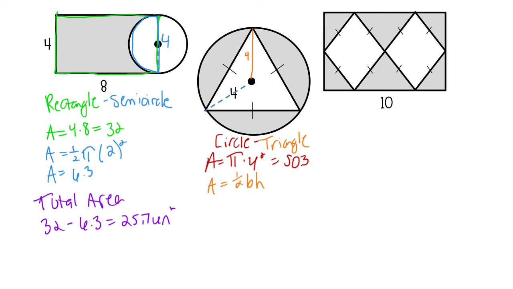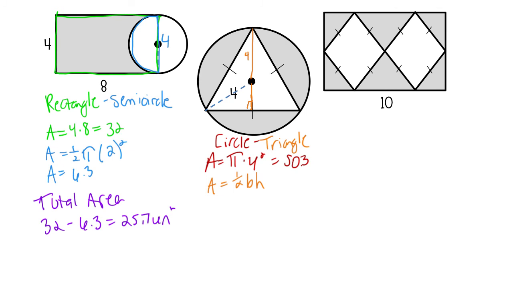But what we need to know that we are not given is this length here. This length of the triangle is the hypotenuse, what I'm going to call the hypotenuse. This length is 4. I've made a right angle by bringing this length down. So that's now a right angle.